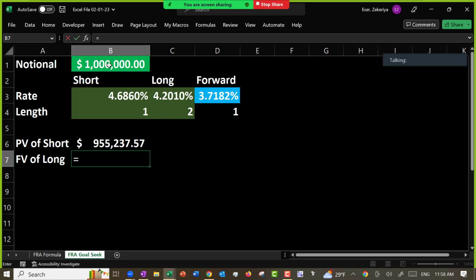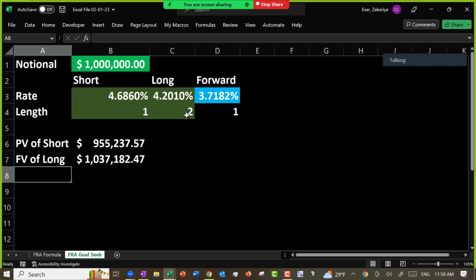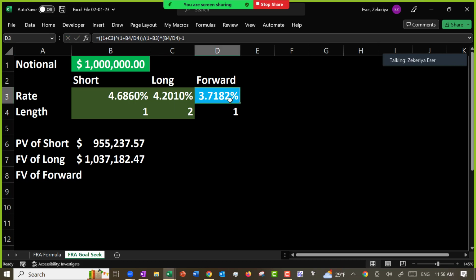Not that. Using the PV of shorts. I'm going to put an arbitrary number like 4.